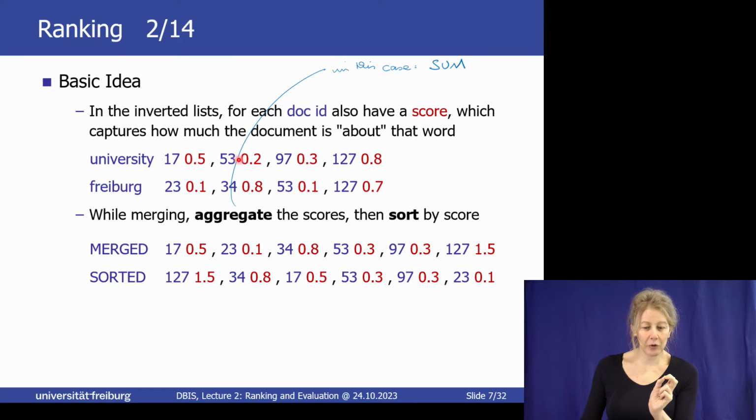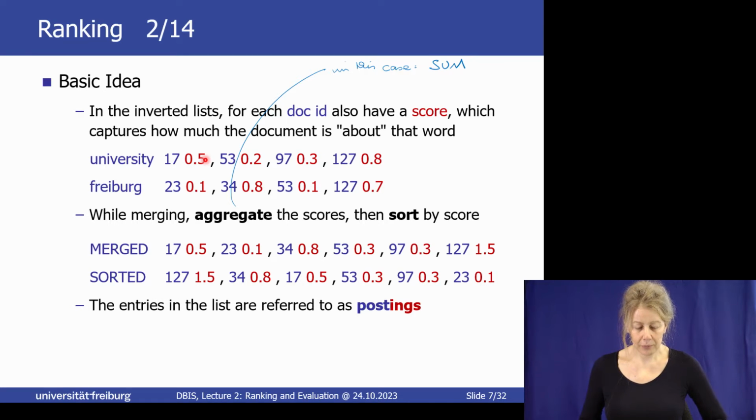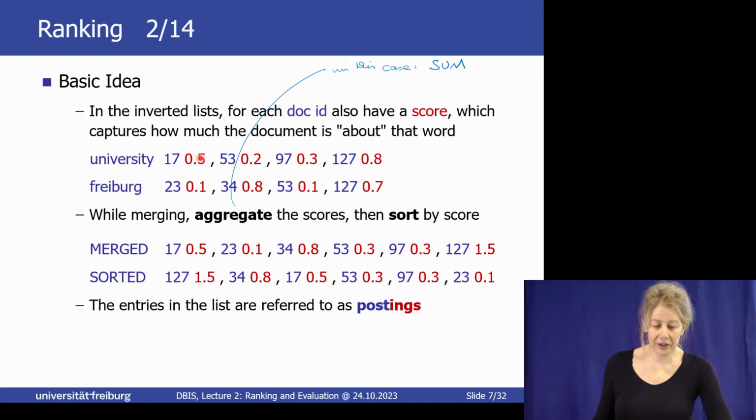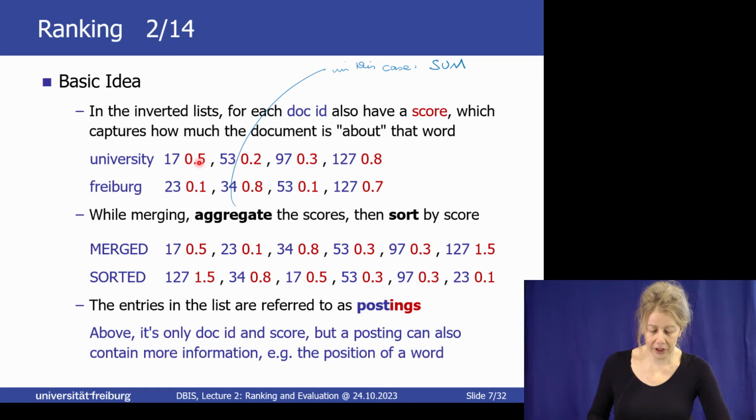It comes before 53, which contains both of the words, but with a low score, 0.2 plus 0.1, which is smaller than 0.5. So these things can happen and do happen. So that's important to understand. For some reason, these things are called postings. These entries in the list are now more complex. Document ID, score, they could contain even more information, like where in the documents do these words occur, and so on.